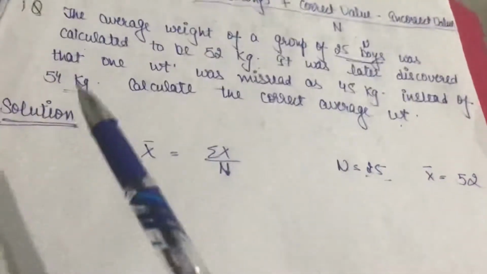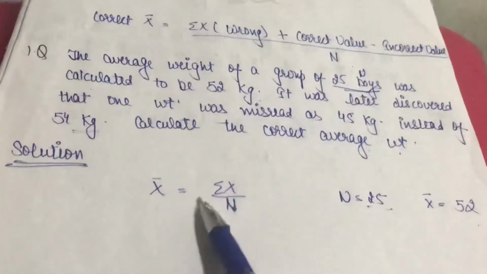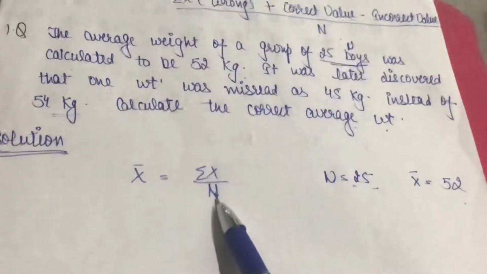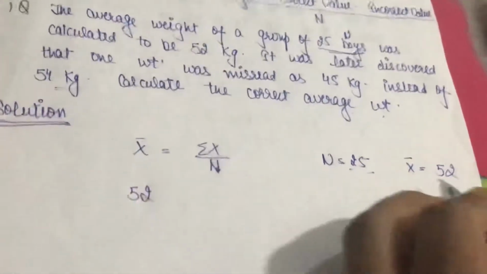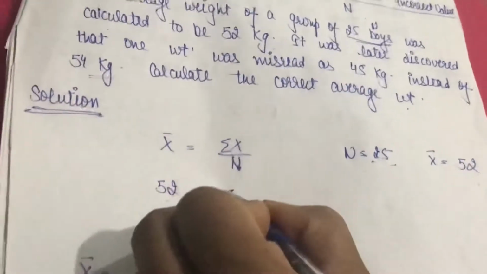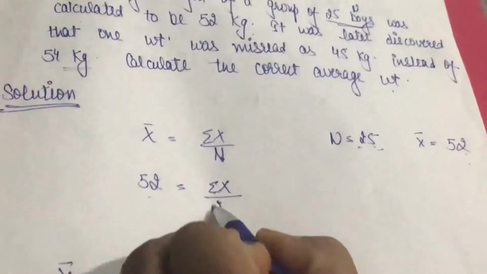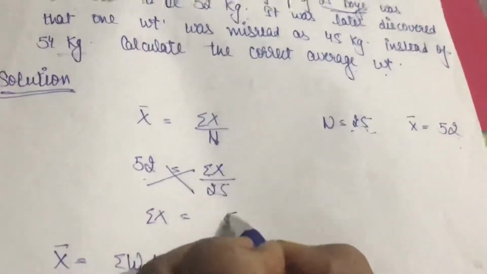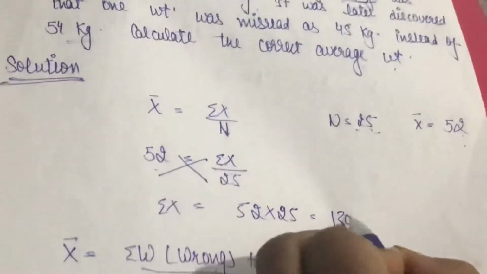Let us see how to do it. Firstly you will write mean is equal to sigma x upon n. I am having the value of mean, 52. Sigma x we are not having. Number of students, 25, we are also having. So by cross multiplying we will get 52 into 25 is equal to 1300.